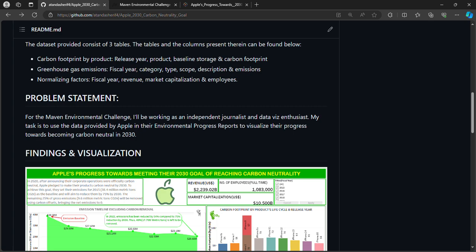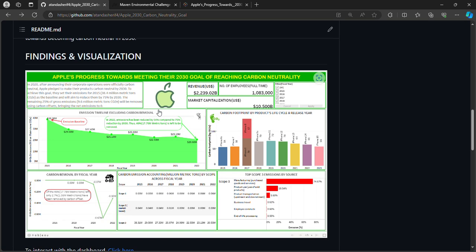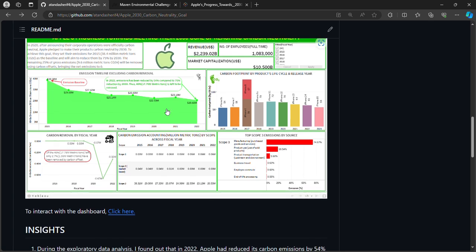The greenhouse gas emissions are the columns in the dataset, and normalizing factors such as fiscal year revenue, market capitalization, and employees. I already mentioned the problem statement earlier, that I will be working as a data analyst to visualize the project so far.